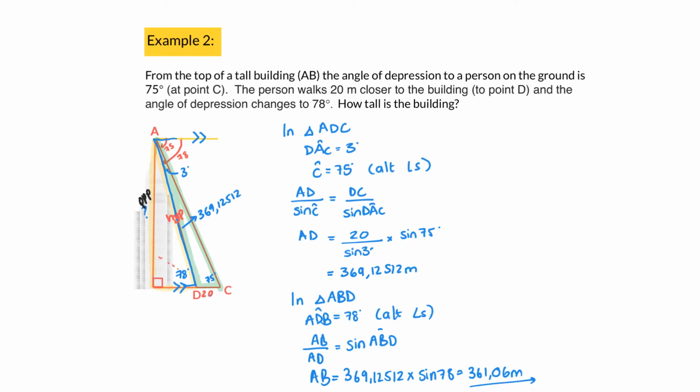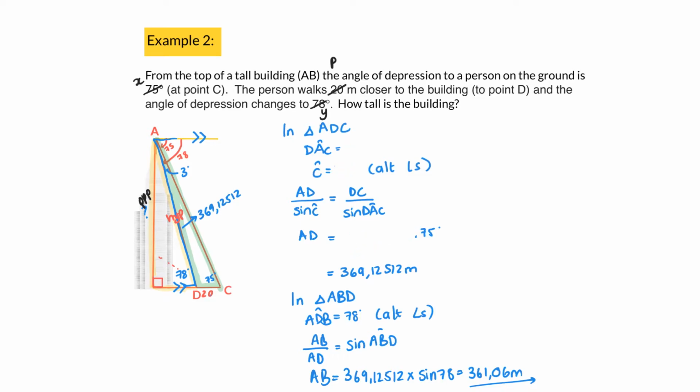Now again, I'm going to change the question so that I'm working with variables. So this time, let's say my distance we can make P, and let's make my first angle of depression X, and my second angle of depression Y. I'm going to erase all the numbers so that we can fill in our answer just using variables.